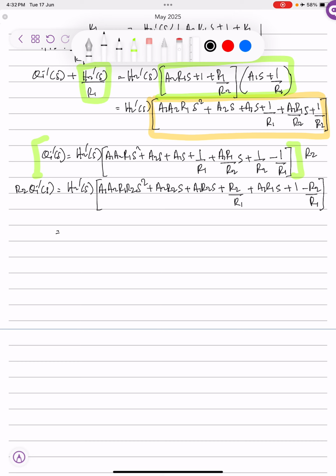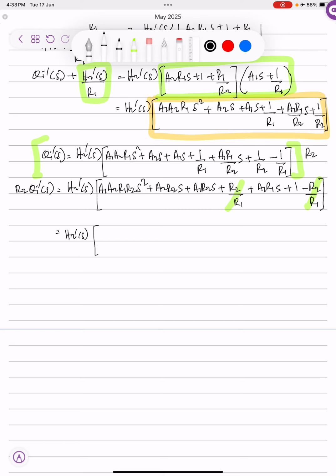Now you see that you can cancel out the plus R2/R1 and minus R2/R1, and the rest you simplify. You group the same coefficients for the same power of s.